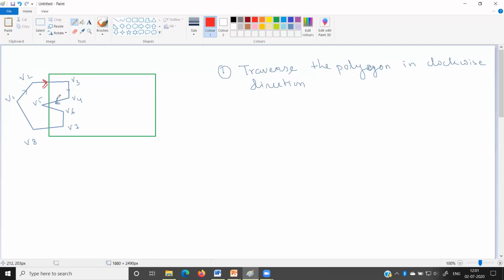But if you are moving from in to out, you have to consider the clip window boundary. As you know, this window is called the clip window. So we have to follow the clip window boundary. Using these two steps, the Weiler-Atherton polygon clipping algorithm will clip the polygon.